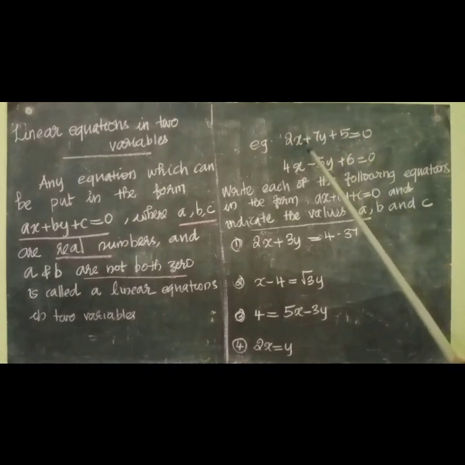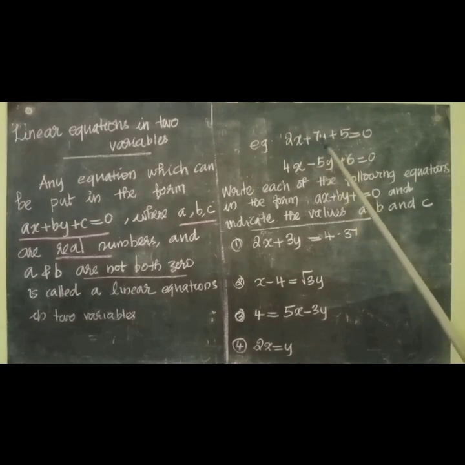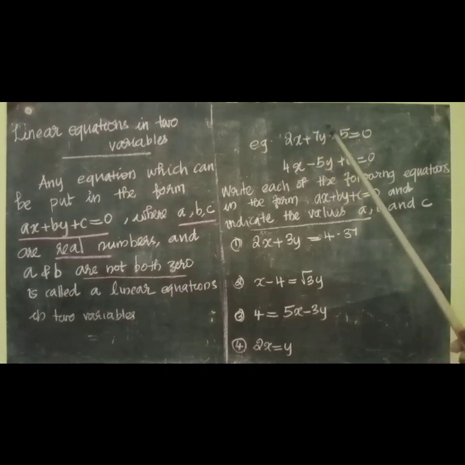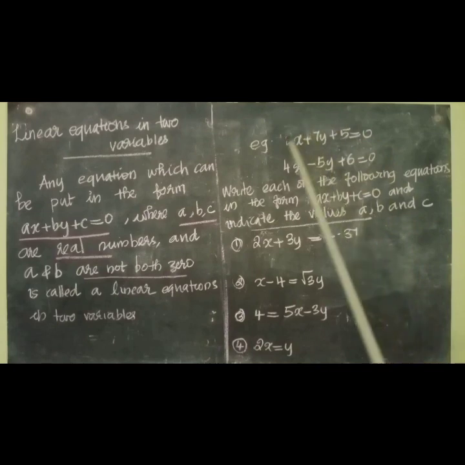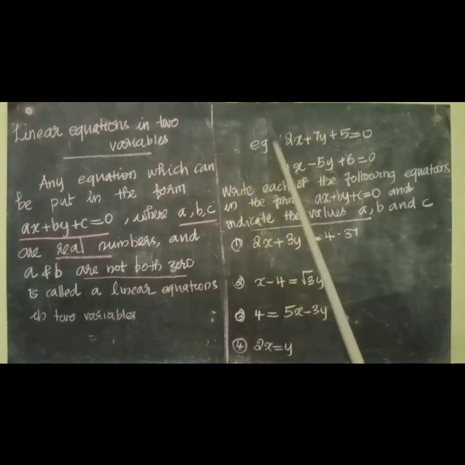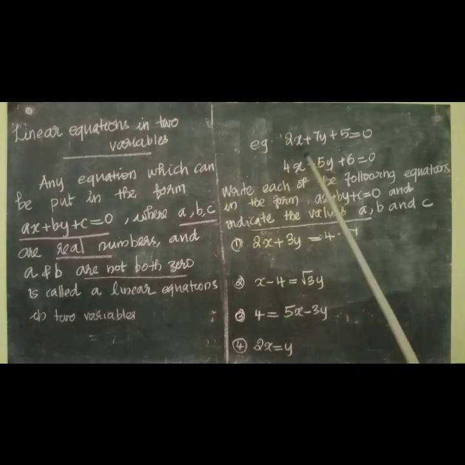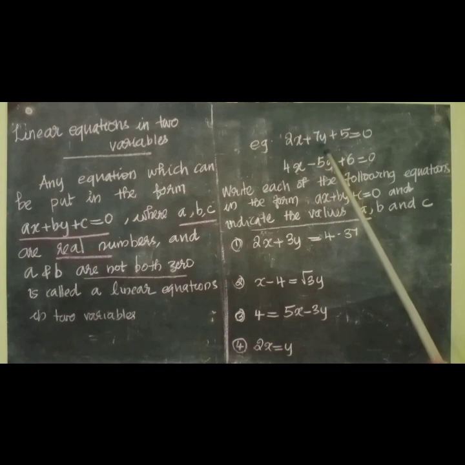This is a linear equation in two variables. It is linear because the power of the variable x and the power of the variable y both are 1, and it is in two variables because we used two variables, x and y.